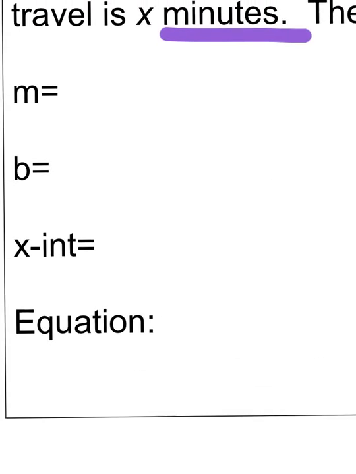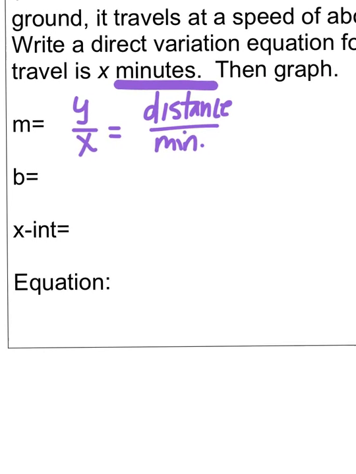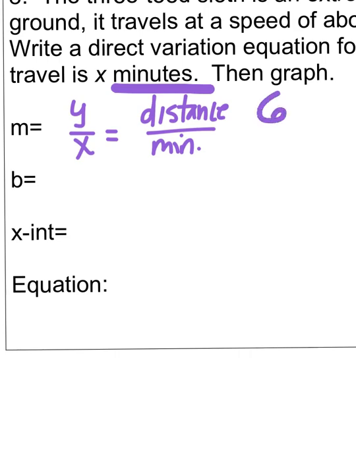So the slope would be y over x. The y is the distance. The x is the minutes. And hopefully that will make it clear that the slope is 6 over 1, or 6.